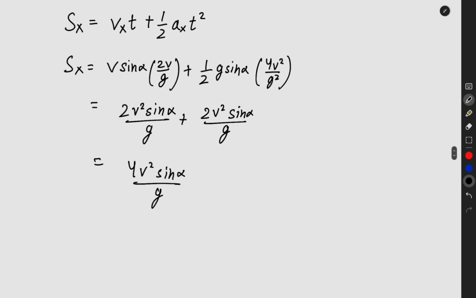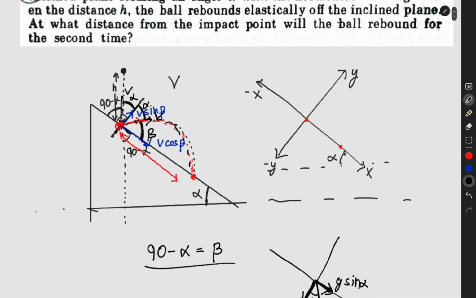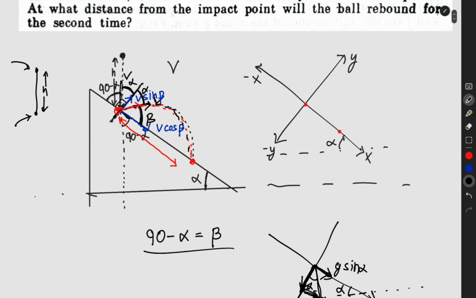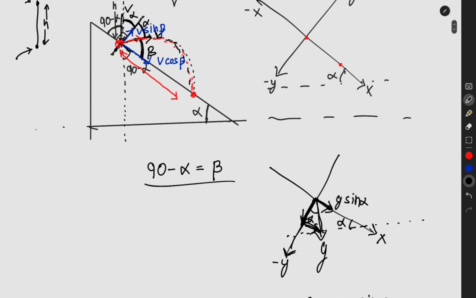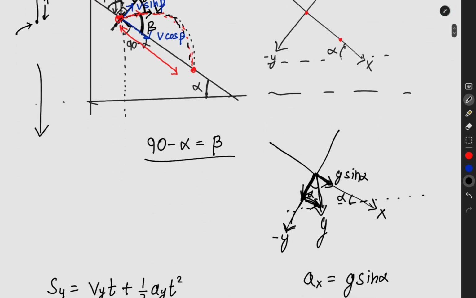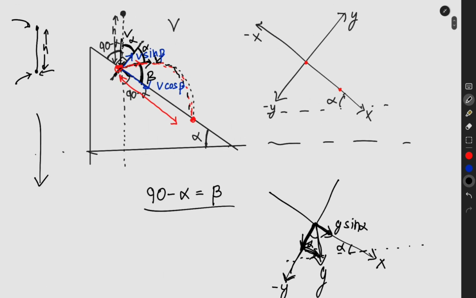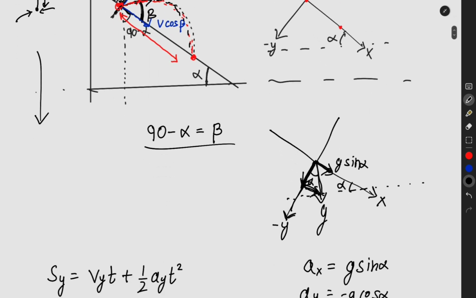Now notice how we don't know the value of v yet, so we can just easily calculate it. We know that the ball is falling from a height of h, right? And we need to calculate the velocity at this point. And the velocity at the start is 0 because it's a free fall. So we just need to conserve energy here. So the kinetic energy at this point should be equal to the potential energy at the start. So mgh is equal to half times mv squared.